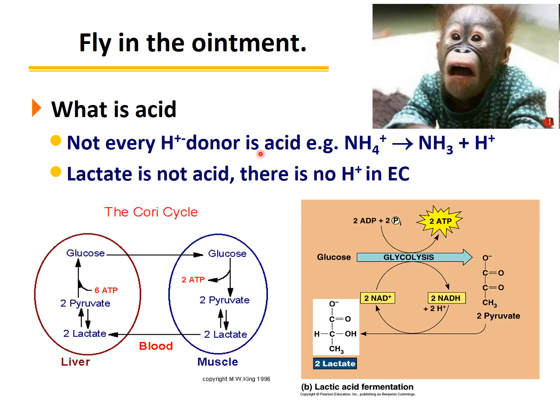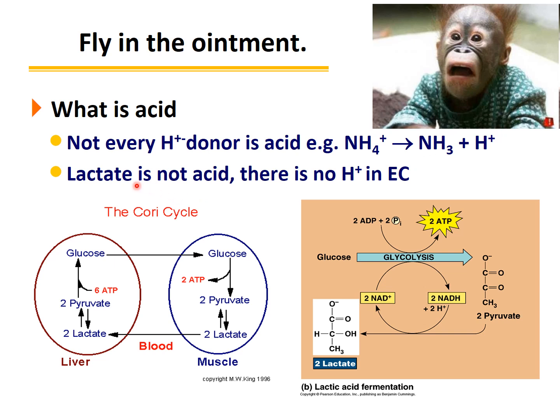Now let's see what an acid is. So far we said that an acid is everything that increases the proton concentration in the solution. However, not every proton donor is an acid. For example, ammonium is more of an alkali. Lactate is another thing.